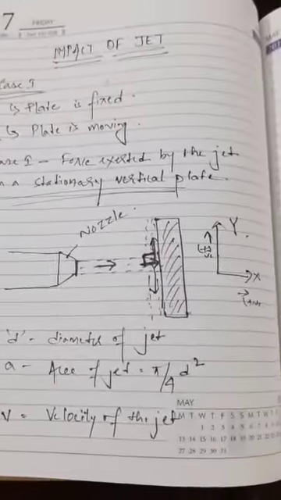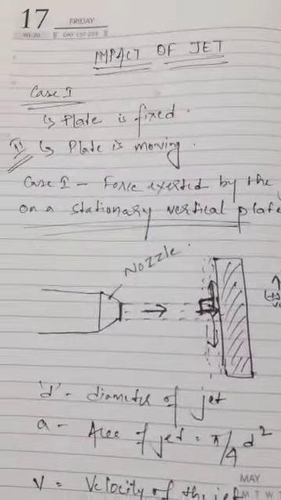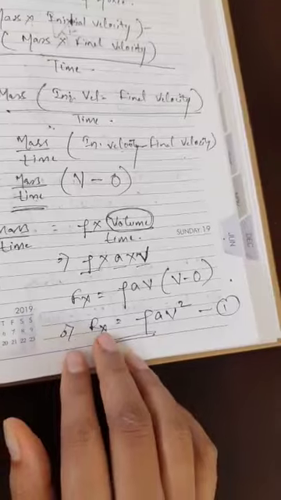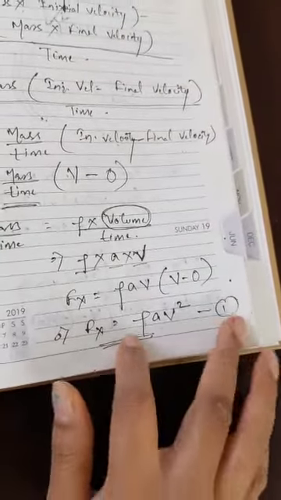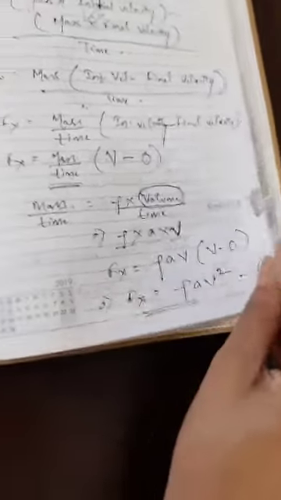The first case was when the plate is vertical and fixed. In that case we saw the force exerted by the water jet on the vertical plate, Fx, came to be rho a v square.